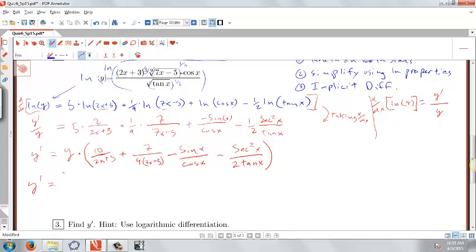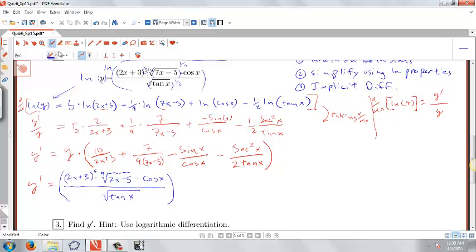This thing in here is 2x plus 3 to the 5th times the 9th root of 7x minus 5, times cosine x, all divided by square root of tangent x. See how the natural log makes that a lot easier than if you didn't do it this way.